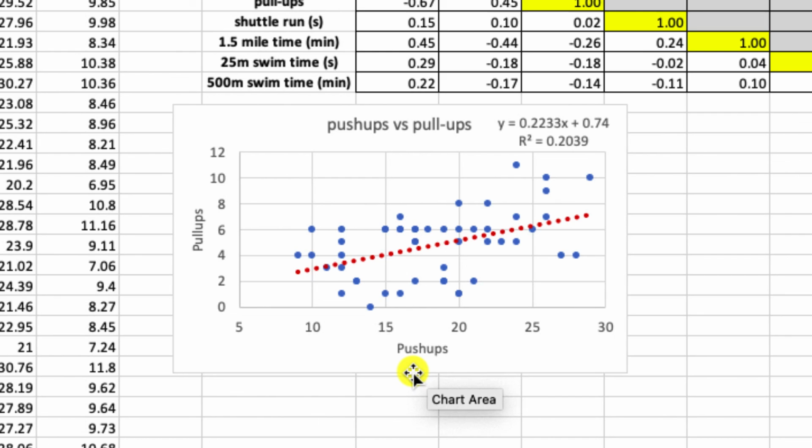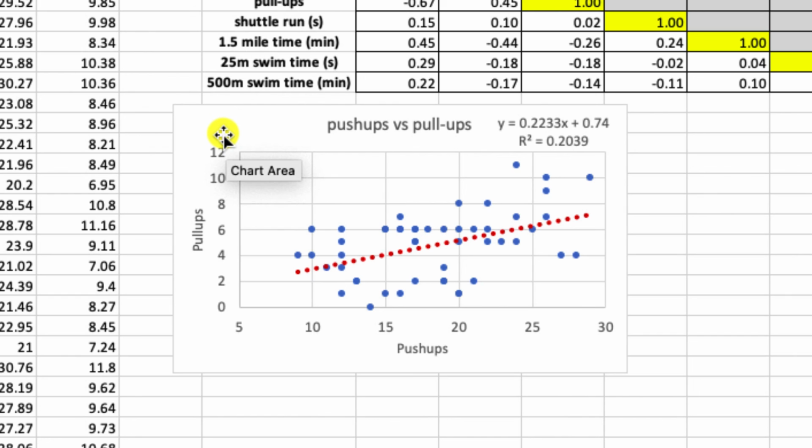So, other information we can get from this graph is that there is a relationship with a positive direction, since the slope is a positive value. And that just means that, in general, as push-ups increase, or as the number of push-ups a person can do increases, the number of pull-ups they can do also increases.